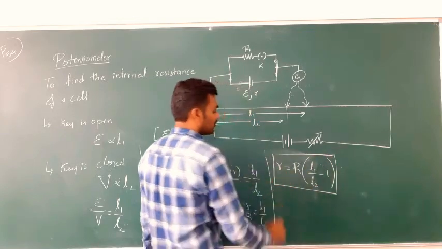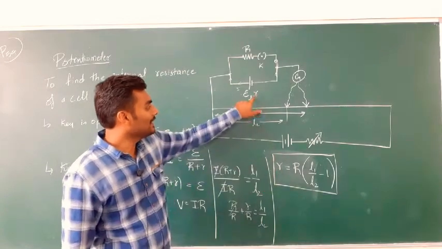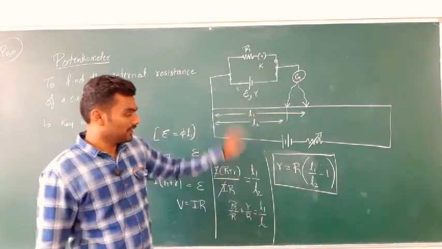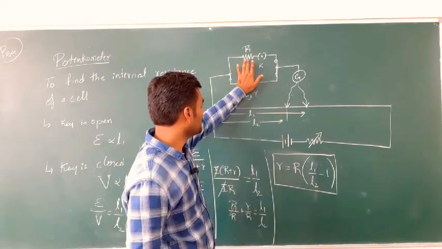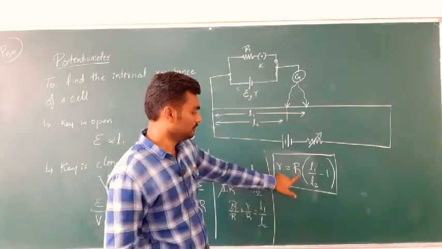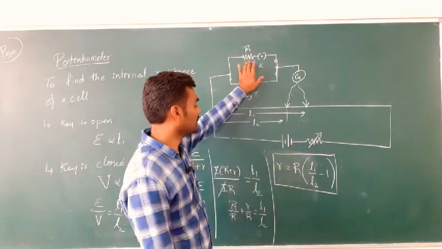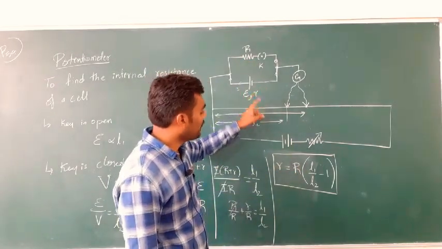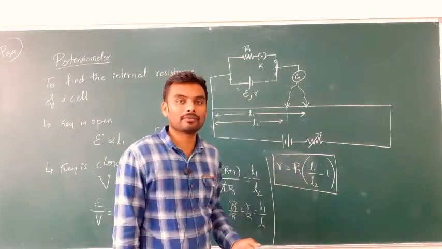This is the expression for the internal resistance of the cell, given the value of the external resistance connected. This value should be known to us: capital R, the external resistance value. And then obviously we will get L1 and L2 during the experiment itself.